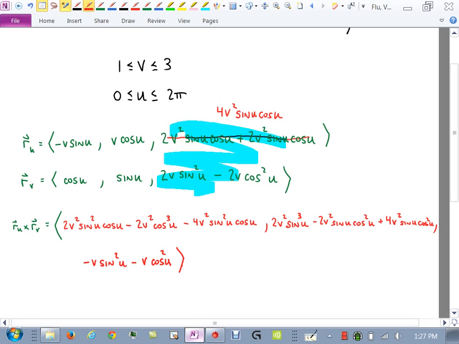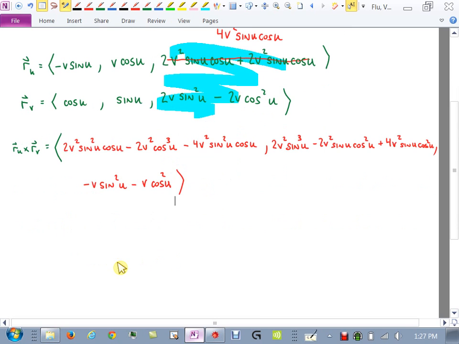Okay, now before I go trying to find the magnitude of this nasty thing, I'm going to try and clean some things up. I see right here, right away, if I pull a negative V out, I'm going to get a 1 there from the Pythagorean identity. So I know that that last component is really just what? Negative V.